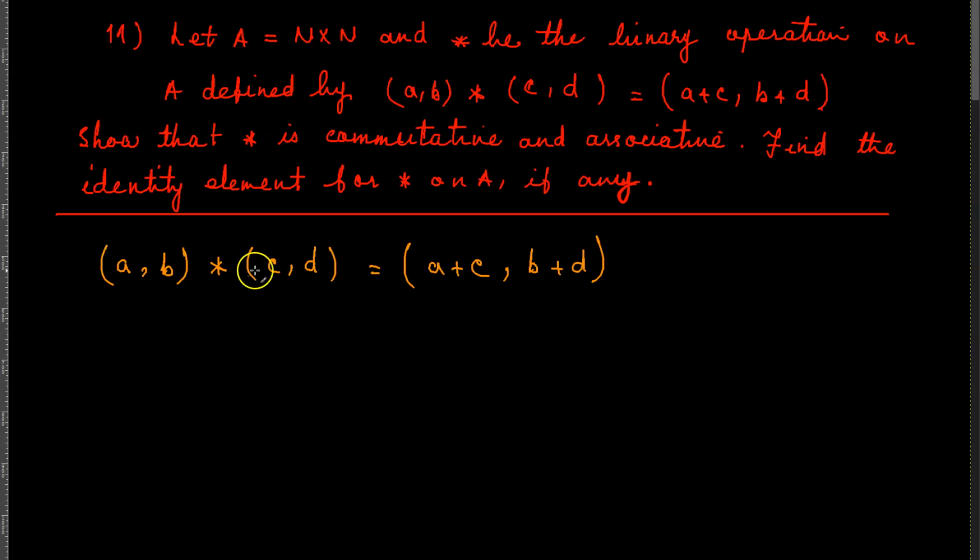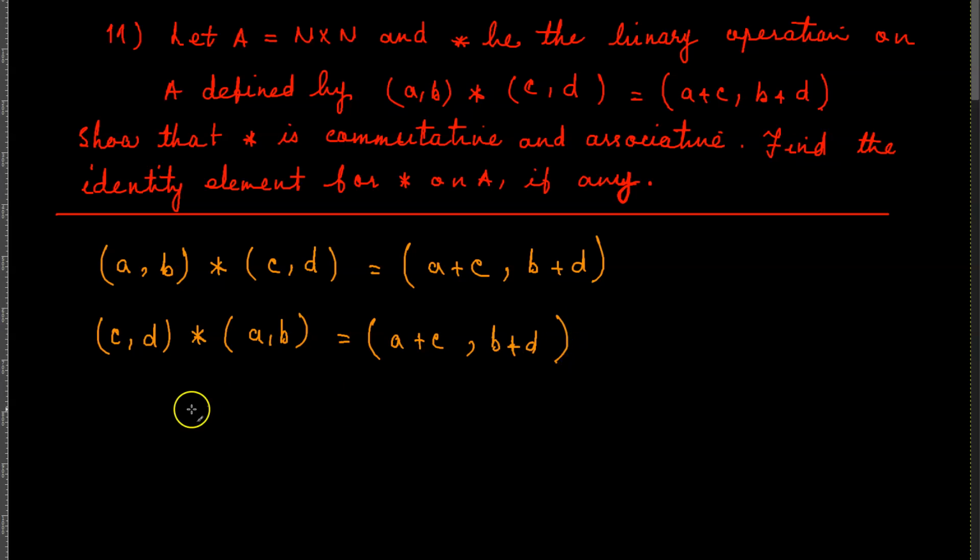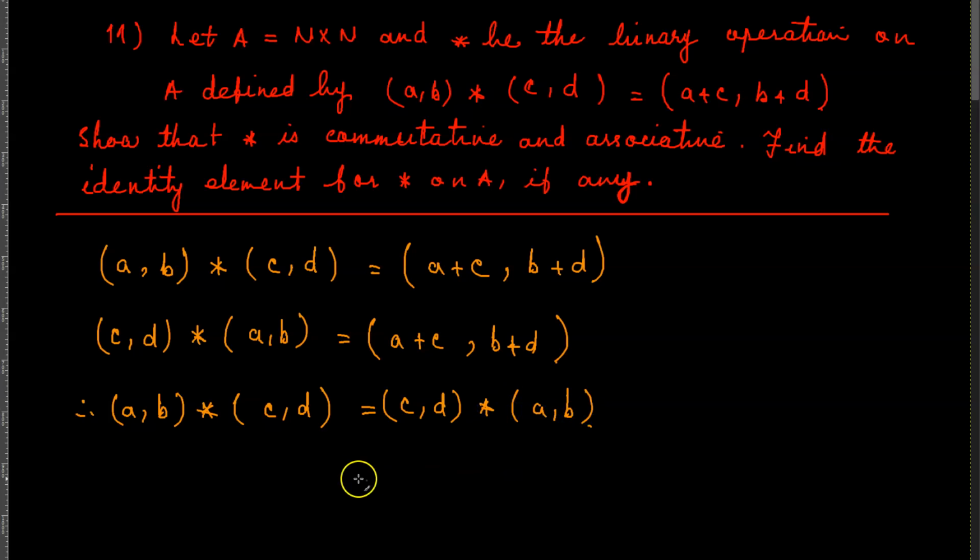Now if I change the order of these two, meaning if I write (c, d) star (a, b), that gives me c plus a, which is the same thing as a plus c in the set of natural numbers, comma d plus b, which is the same thing as b plus d. Which means that (a, b) star (c, d) is the same thing as (c, d) star (a, b), right?